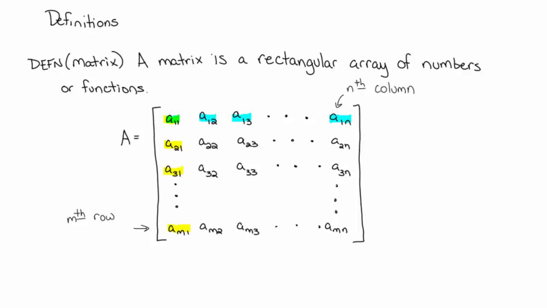And therefore, if you use the index notation that we are using, where a sub ij is an element in that matrix, this is the element in the ith row and the jth column, as I've denoted here.